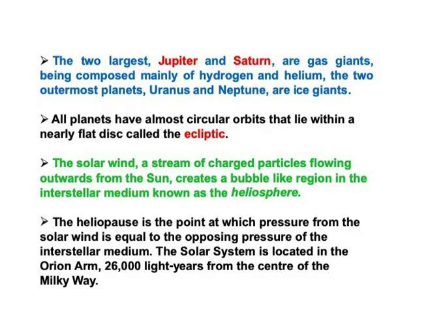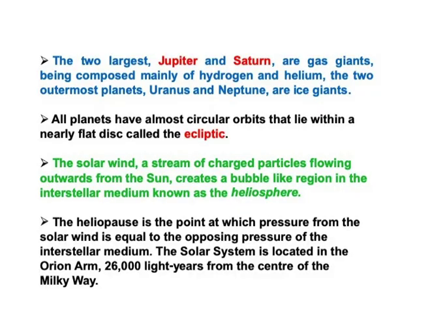It is called an elliptical orbit, and the planets rotate according to it. Then the solar wind, which is a stream of charged particles flowing outwards from the sun, creates a bubble-like region in the interstellar medium. It is known as the heliosphere.